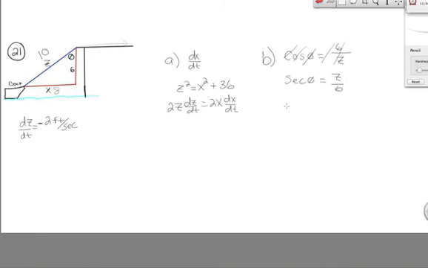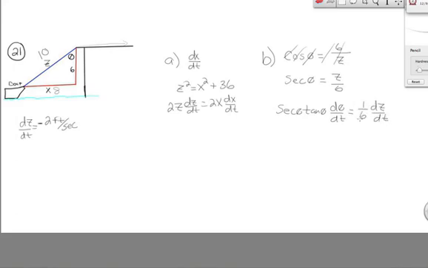Now the derivative of secant theta is secant theta tangent theta d theta/dt, which would equal 1/6 of dz/dt.